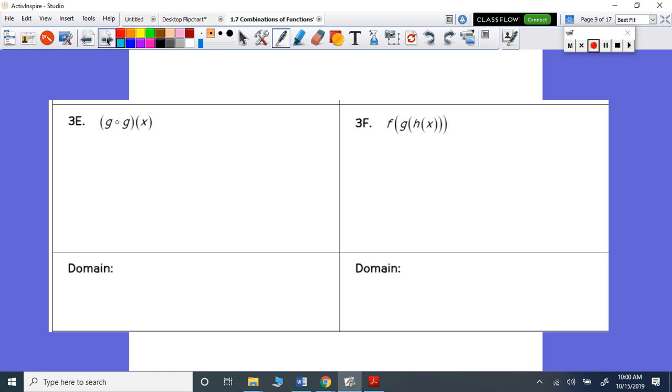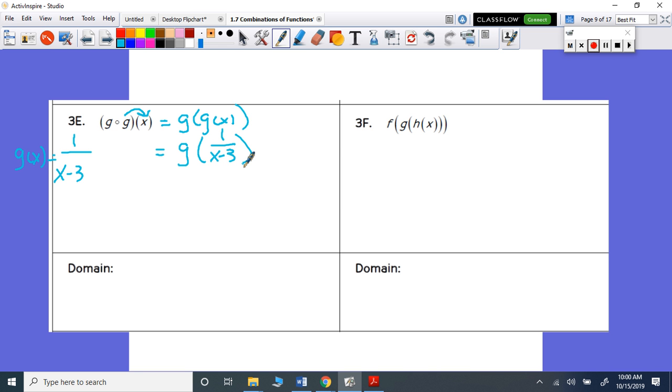Okay. G of x. This is an ugly one. This is ugly because you're going to end up with fractions over fractions. Am I right in saying g of x was 1 over x minus 3? Okay. So since the G is next to the X, that means find the composition of G to G. Well, we know from the given that G of X is 1 over X minus 3.